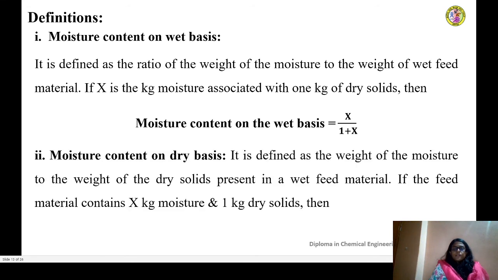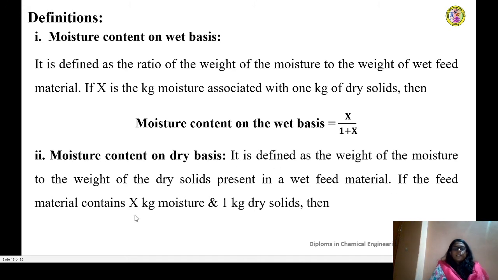Okay. So then the moisture content on dry basis. Here we are representing the amount of moisture present in a given material with respect to the weight of dry solid. So it is defined as the weight of moisture to the weight of dry solids present in a wet feed material.